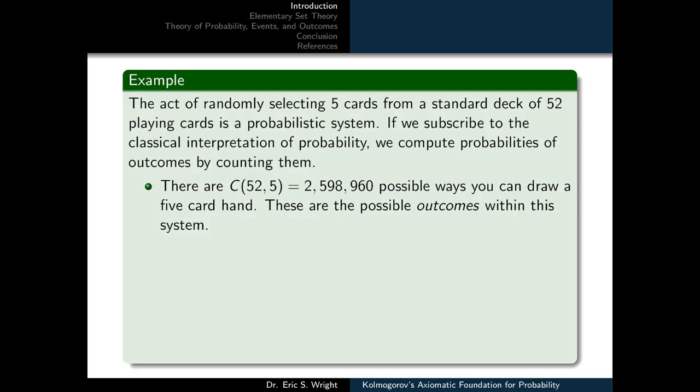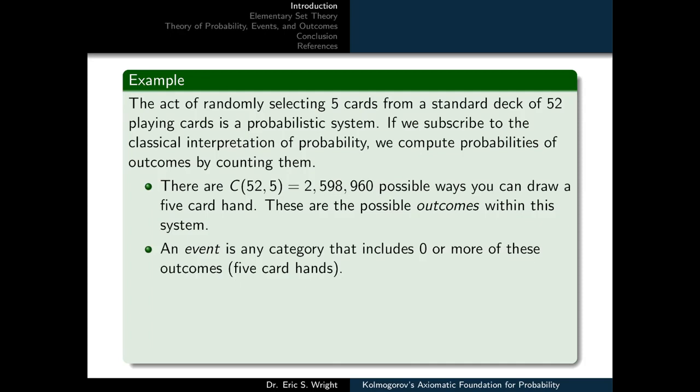The act of randomly selecting 5 cards from a standard deck of 52 playing cards is a probabilistic system. If we subscribe to the classical interpretation of probability, we compute probabilities of outcomes by counting them. There are 52 choose 5, or 2,598,960 possible ways you can draw a 5-card hand. These are the possible outcomes within this system.